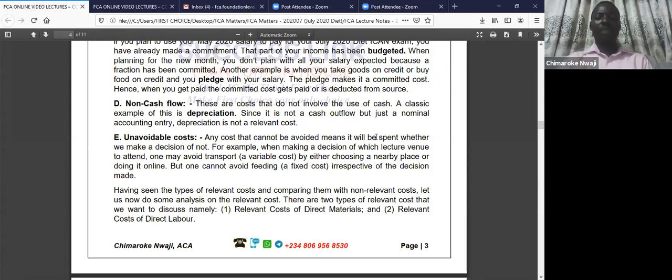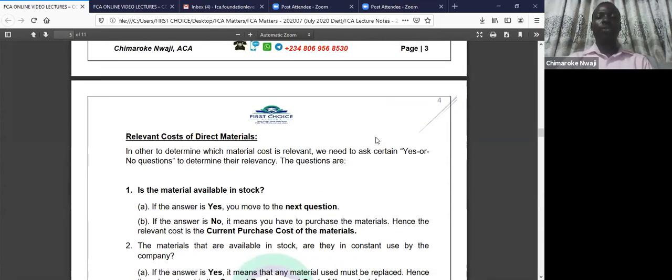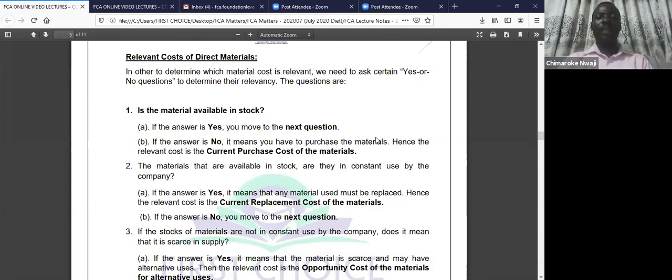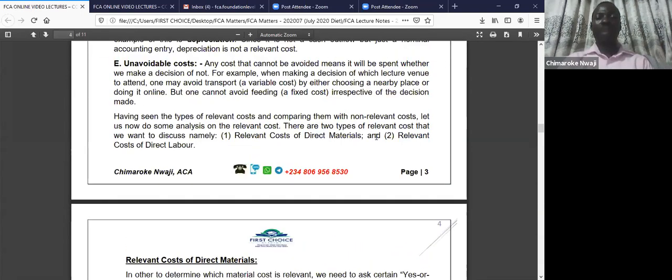Now let's look at some guiding principles that can help us to understand relevant costs. We are going to be discussing relevant cost of material and relevant cost of labor. Why are we discussing these? This is the reason. Variable costs are relevant.